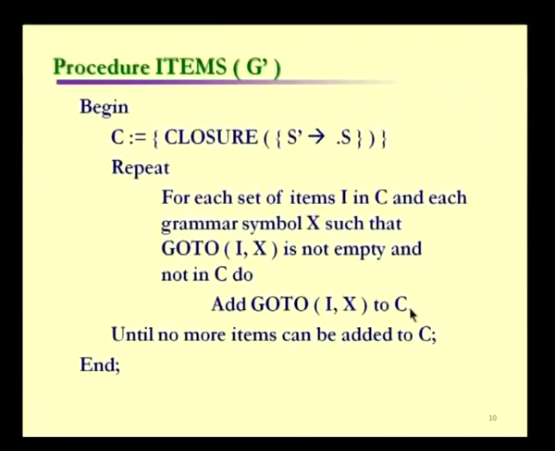That is the end of your canonical collection. So the process is repeated, continuously generating the various states, and when no more new state can be identified, we stop, saying that the canonical items have been completely evaluated. So there are two procedures, closure and goto, which must be learned in order to produce the entire LR(0) items.